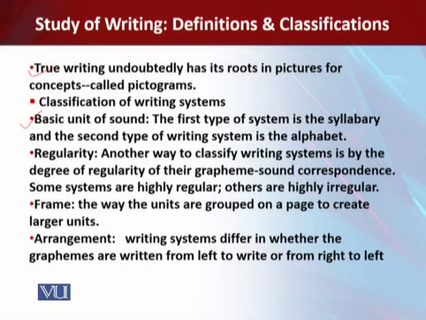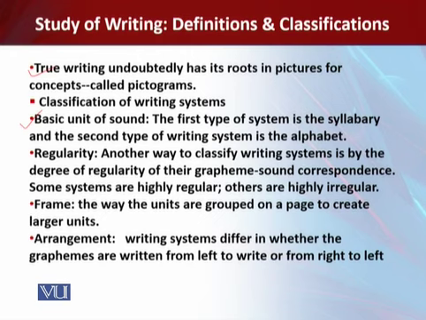These are systems in which all or most of the graphemes represent syllables of sound. The second type of writing system is the alphabet. In the second type of system, the graphemes represent, or mostly represent, single sounds rather than entire syllables.